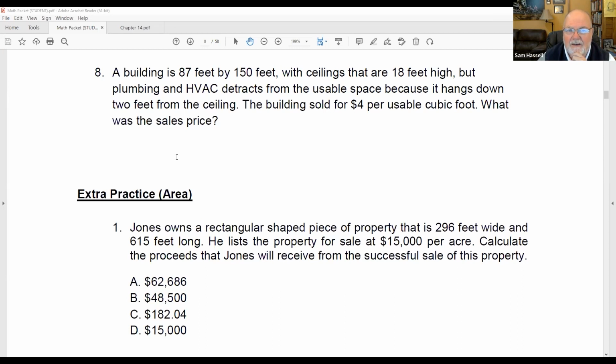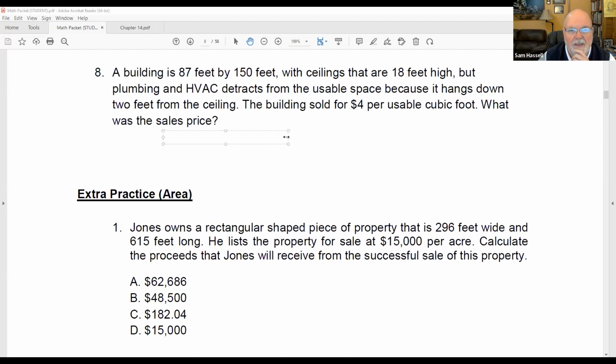It has ceilings that are 18 feet high, but the plumbing and HVAC detract from the usable space because they hang down 2 feet from the ceiling. Now, the key is one word here, and that is usable cubic feet. The building sold for $4 per usable cubic foot. So what was the sales price?